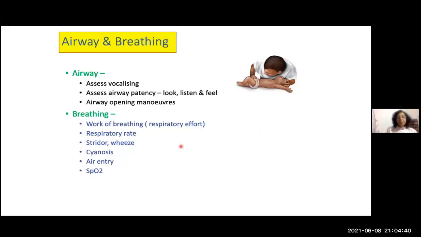You assess the breathing: whether there is severe respiratory distress, the respiratory rate, whether the child is tachypneic or bradypneic, whether there is any audible stridor, evidence of upper airway obstruction, or wheezing. Look for other features like cyanosis, auscultate for air entry, and check the saturations. This won't take more than a few seconds.